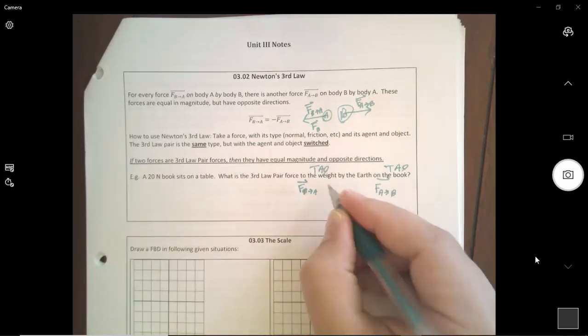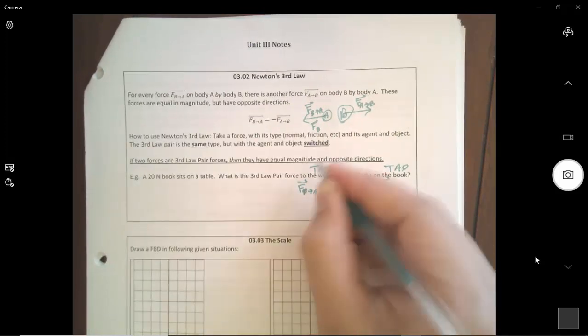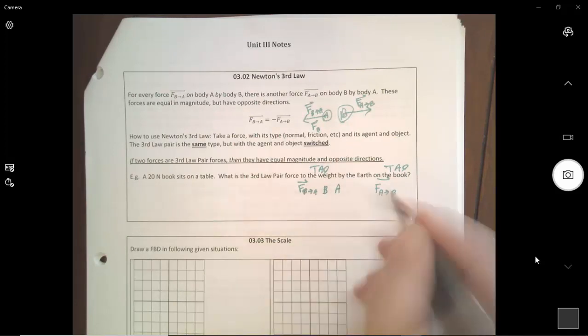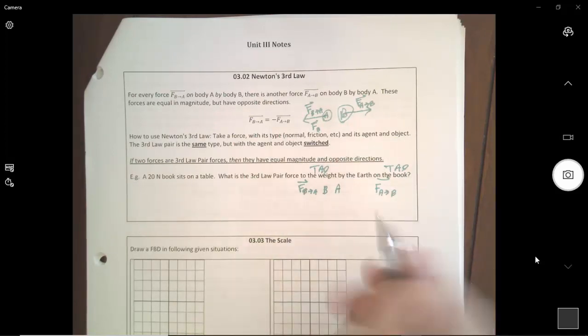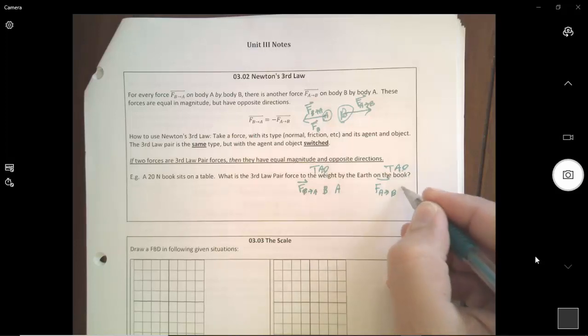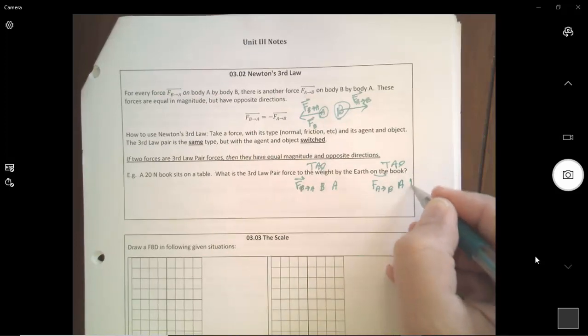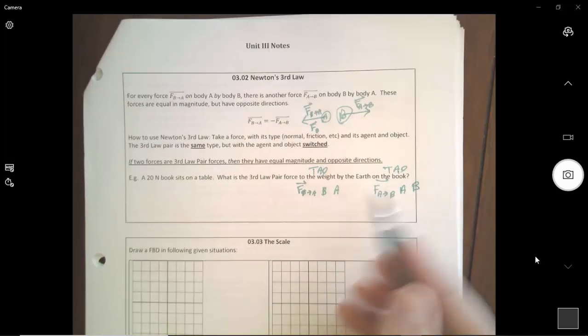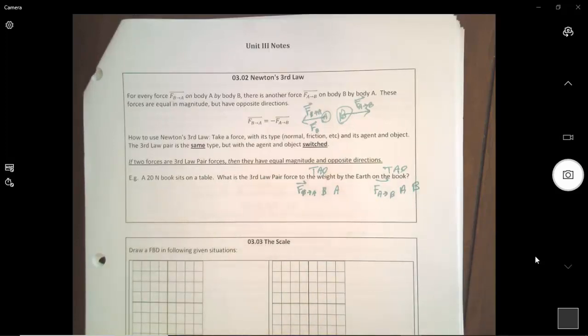The agent of the first one is B. The object of the first one is A. That's pretty obvious because of what I named the force. The other tau chart, the agent is A. The object is B.